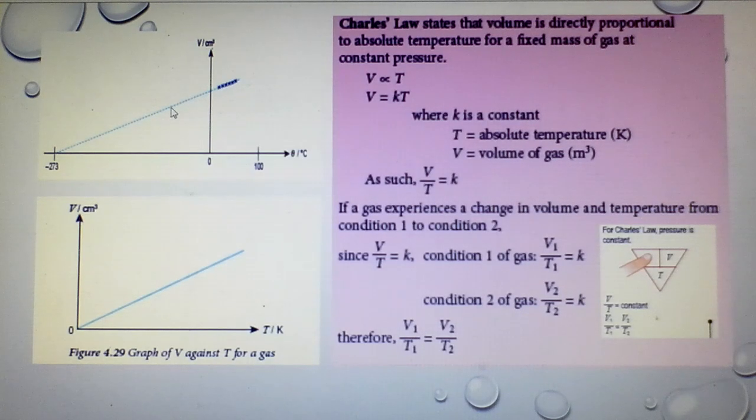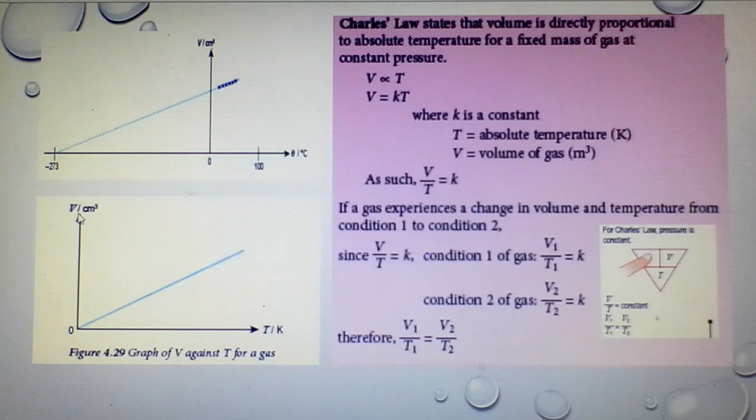You extend the line until it intercepts at V equals 0. At V equals 0, the intercept is at negative 273 degrees Celsius. At V equals 0, the molecules of gas stop moving. This point is also stated as the absolute temperature, where the molecules all become stationary.